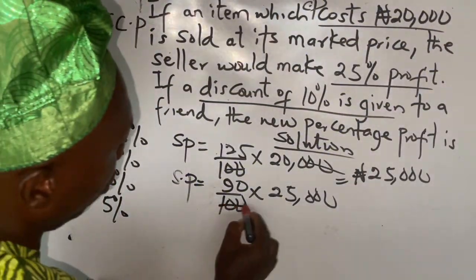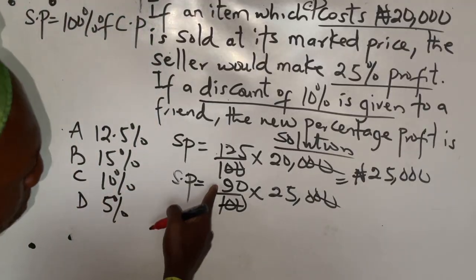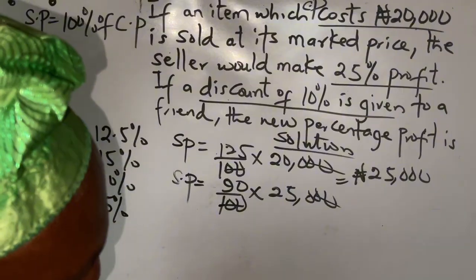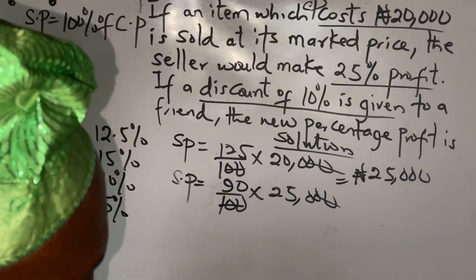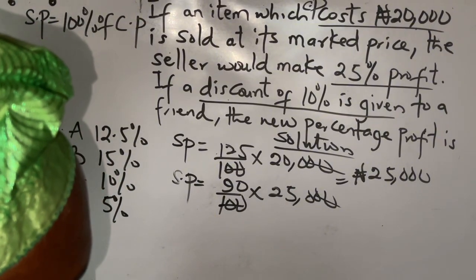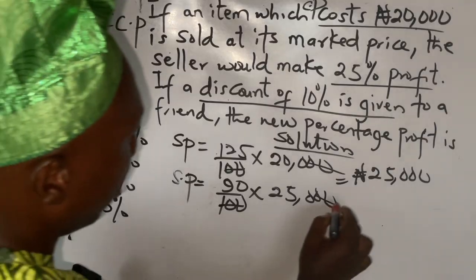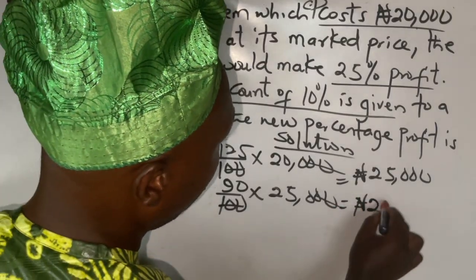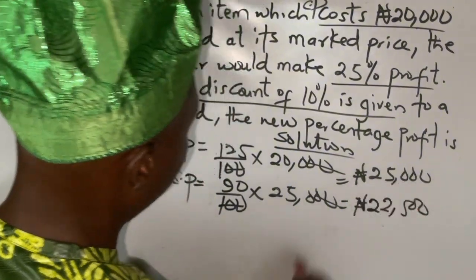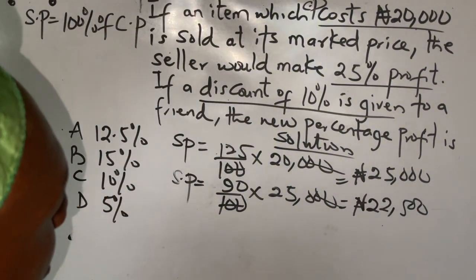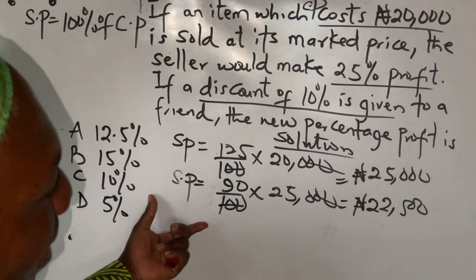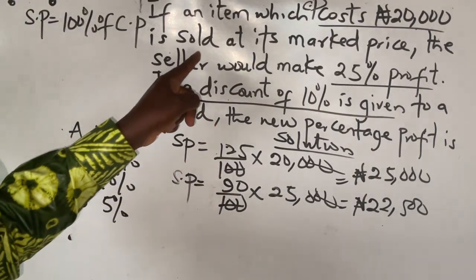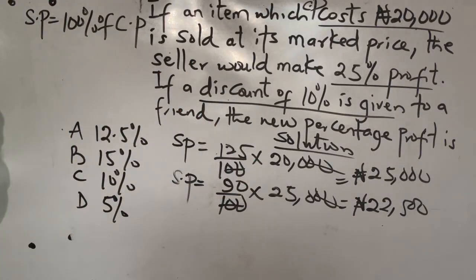So two zeros cancel two zeros. I'm multiplying 90 and 250. That will give us 22,500. So the new selling price now is 22,500.